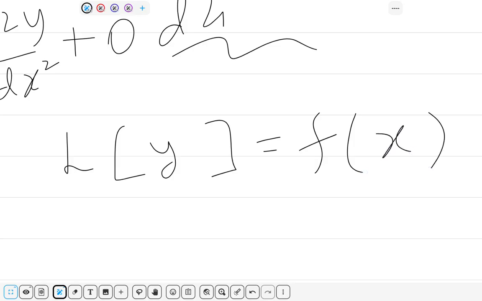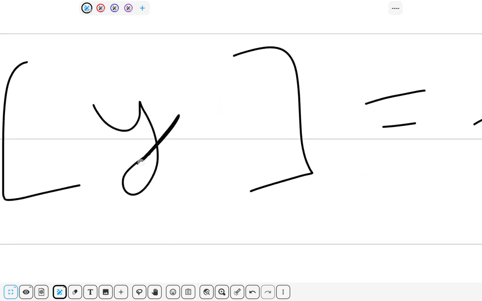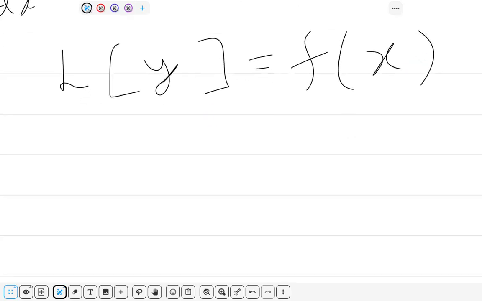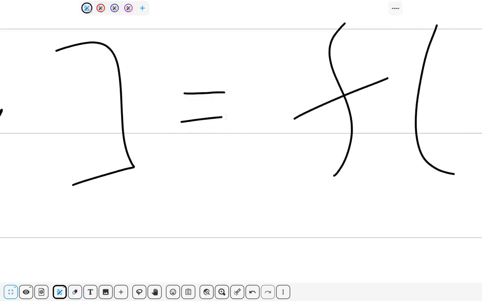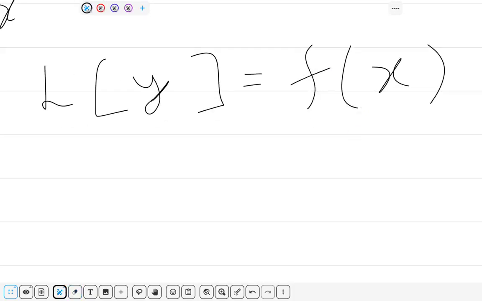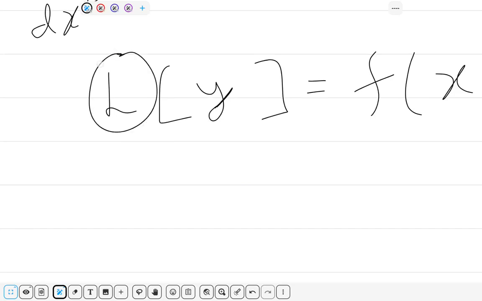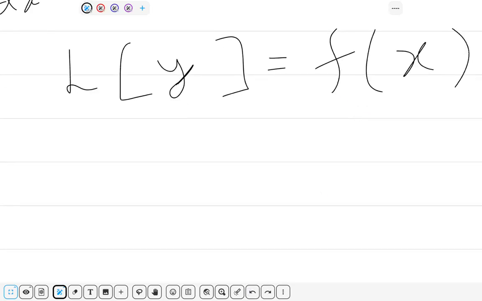This is how I write a differential equation in operators, and I think a lot of people write it this way. I don't know if there is any other way. If this is the case, what next? To solve this, if I think in terms of linear algebra, and I find the inverse operator of this, I am done.